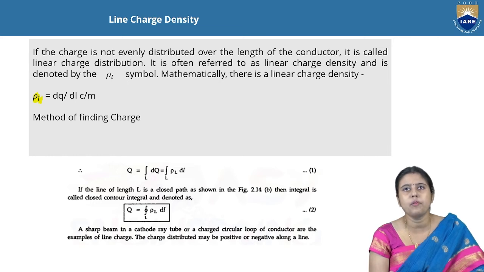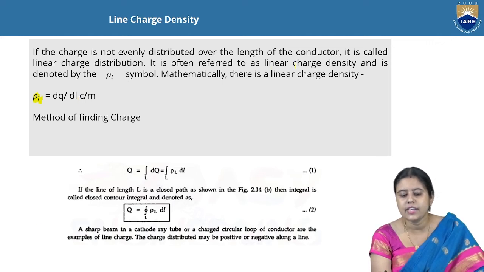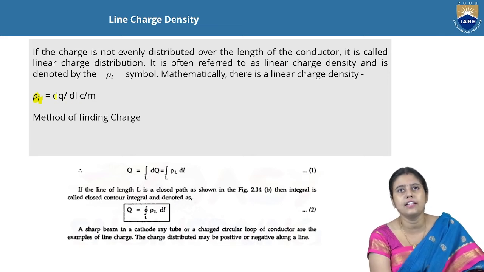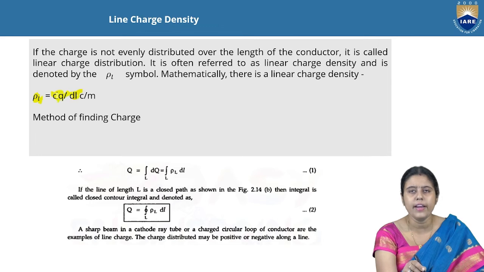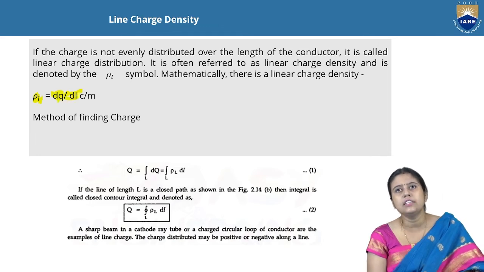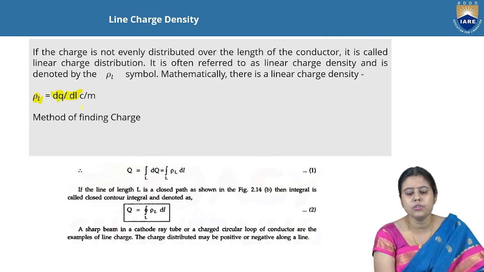And what is the meaning of linear charge density? It is nothing but the charge per unit length, and we can write it as dq by dl. And what is its unit? Its unit is Coulomb per meter.